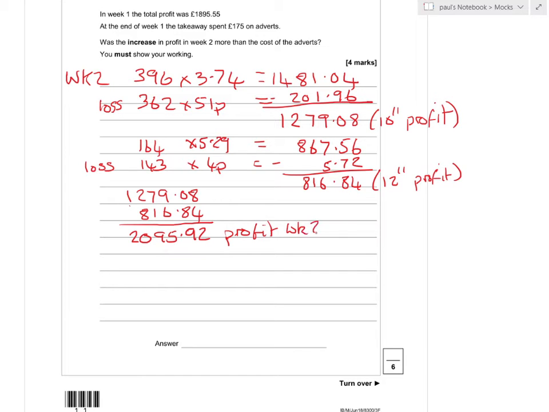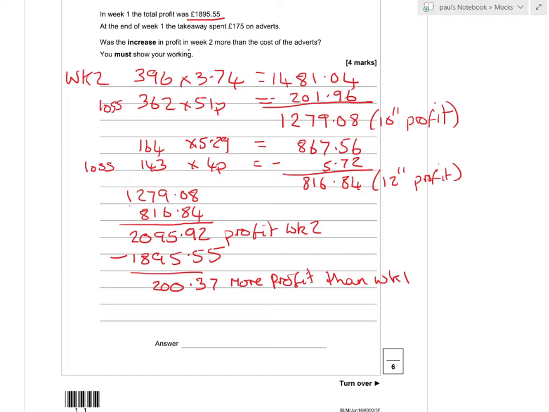Week 2. Okay, now in total the profit for week 1 was that. So take away that 1895.55. So take away 1895.55 equals £200.37 more profit than week 1.